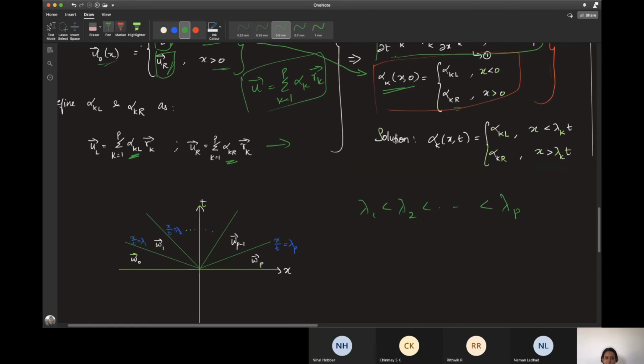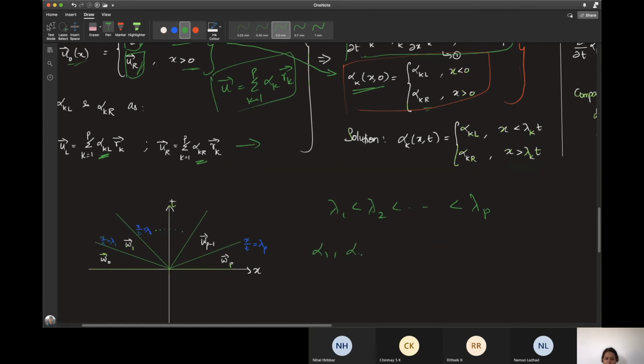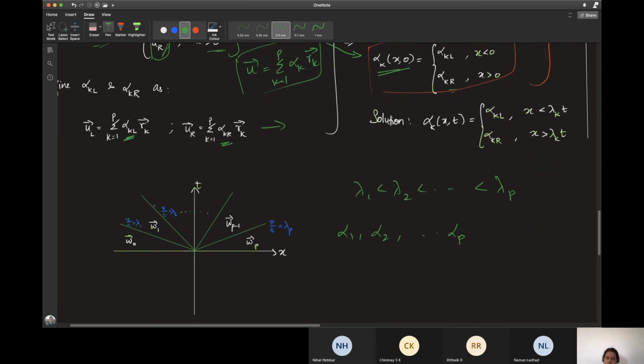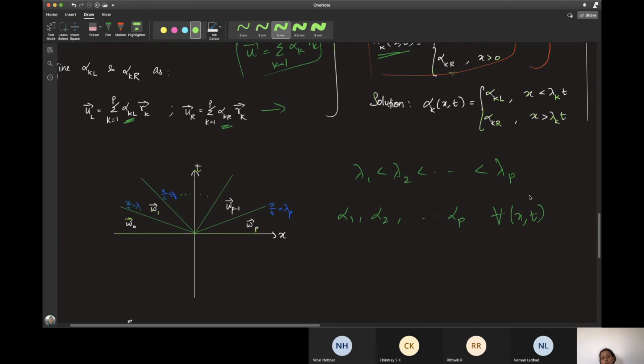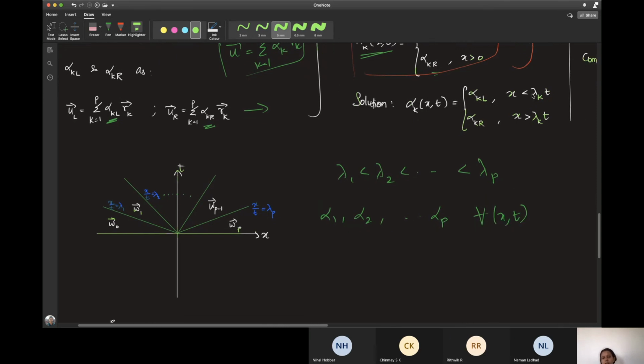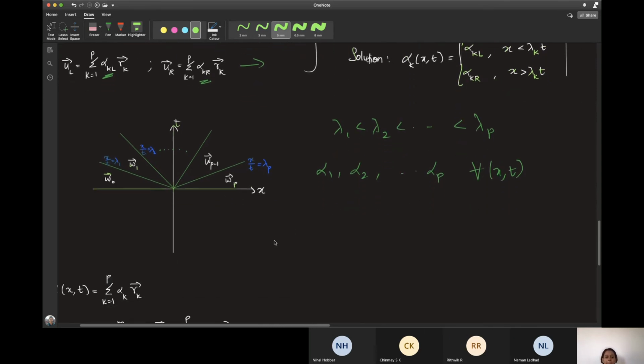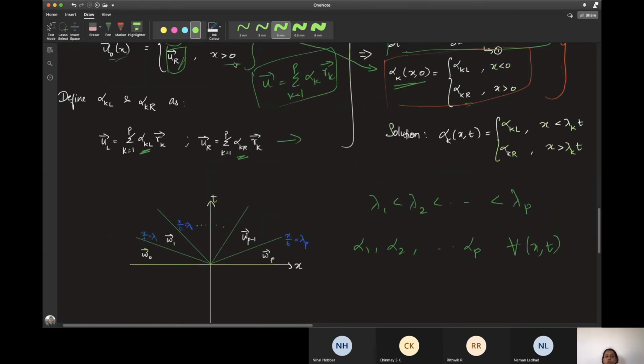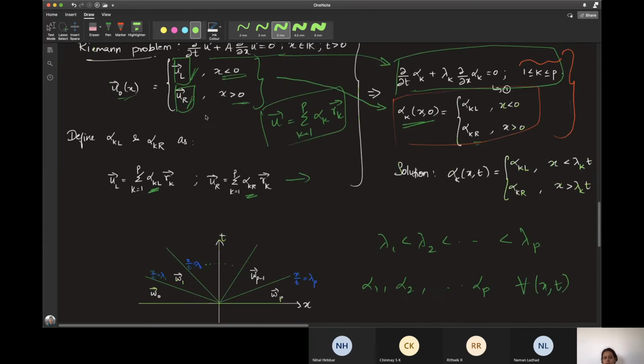That is, alpha 1, alpha 2 up to alpha p is defined at every point in this plane, that is for all x, t, because we obtained the solution to be of this form. So just summation of all of those will give us u vector. That is the solution for the main problem that we considered.